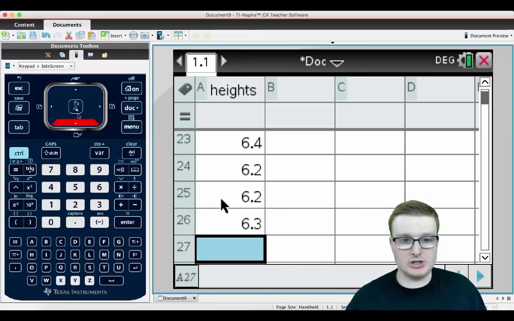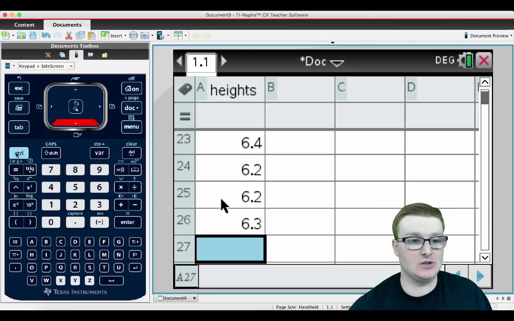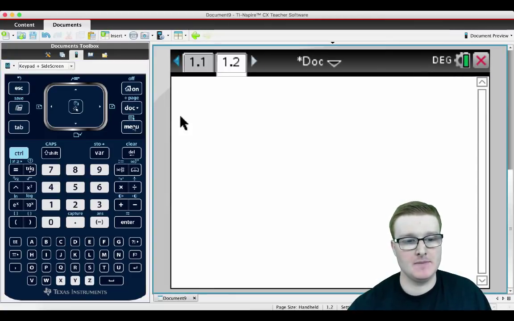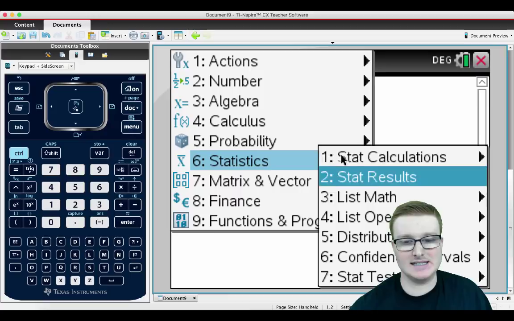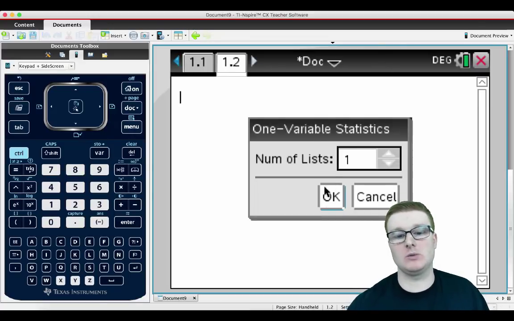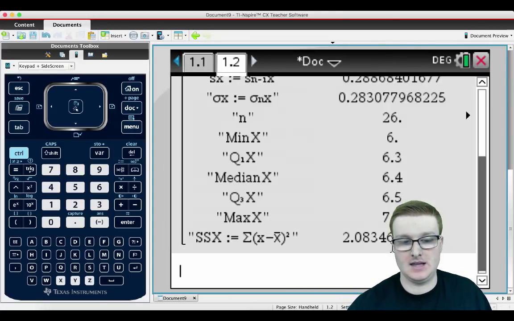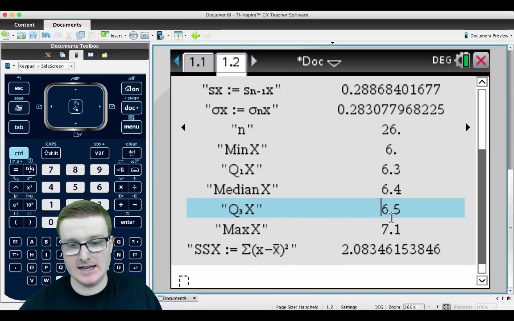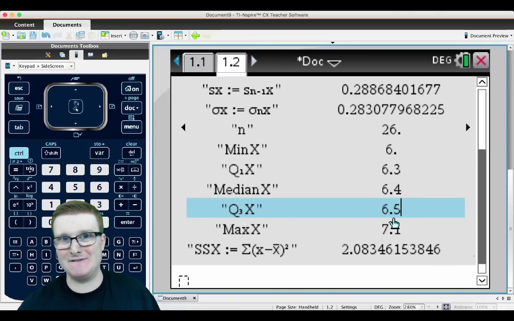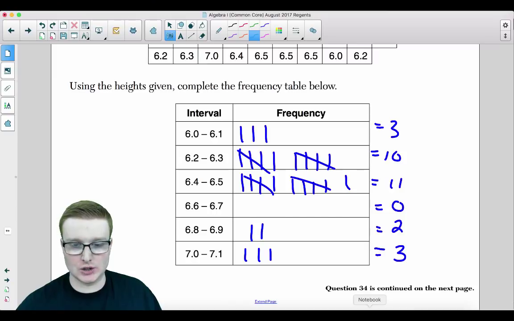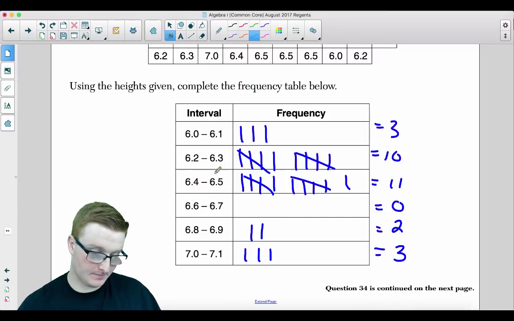Now what we're going to do is analyze this data. So menu, doc, add a calculator. Menu, statistics, stat calculations. We're working with one variable. We're working with the heights. And your upper quartile is 6.5. So your interval is the 6.5 interval.